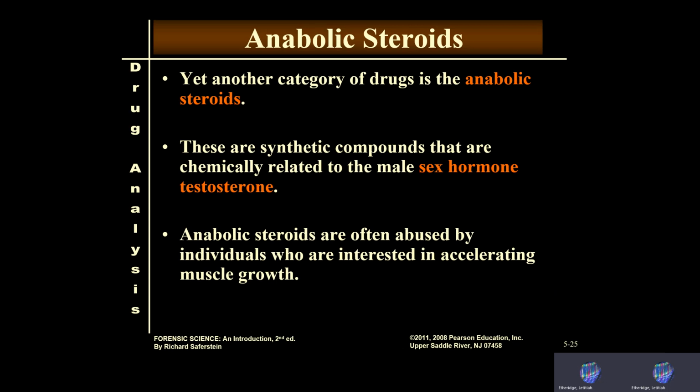Anabolic steroids are going to be abused by those that are trying to accelerate muscle growth. Usually it happens in a fair amount of sports players, athletes, right, that are trying to increase their muscle mass.